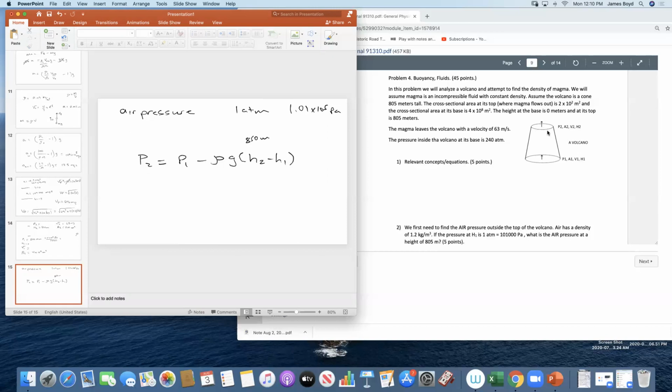Now, at that interface, the pressure is 1 atmosphere, so 1.01 times 10 to the 5th pascals, minus the density of the air, times G, times H2 minus H1, which is 850 meters.